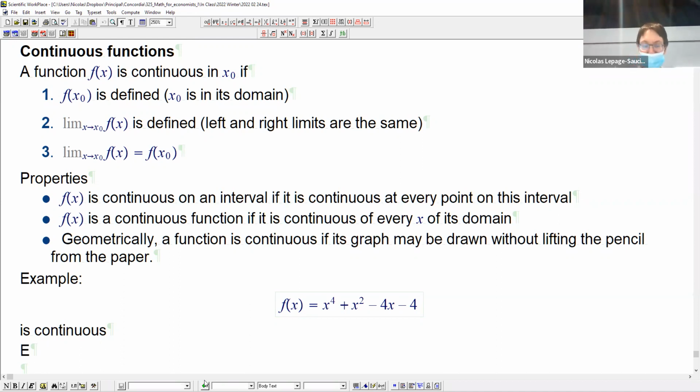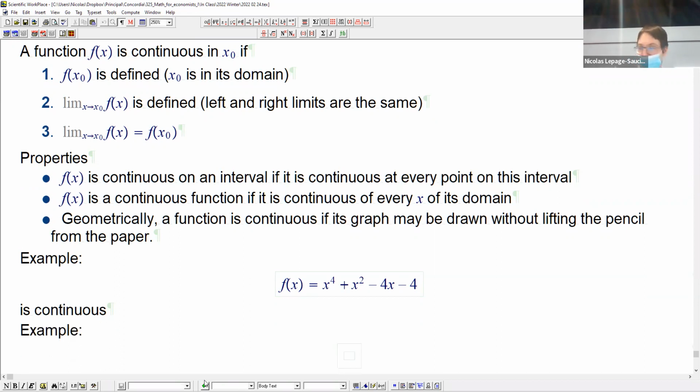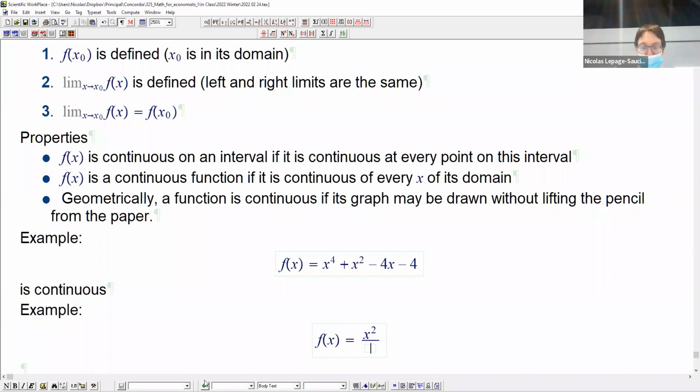All polynomial functions are continuous. So what can go wrong here? Example, if I have f of x equals x squared divided by x squared plus 1.